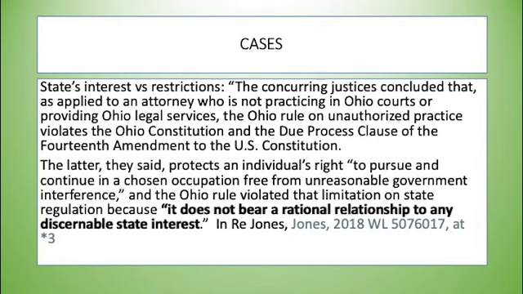justices in Ohio ruled that an attorney who was not practicing in Ohio or providing legal services in Ohio would not be violating the Constitution, and that the 14th Amendment was considered to outrank the Ohio rule on unauthorized practice, because they said that the 14th Amendment needed to be there to protect an individual's right to pursue and continue in a chosen occupation free from unreasonable government interference.